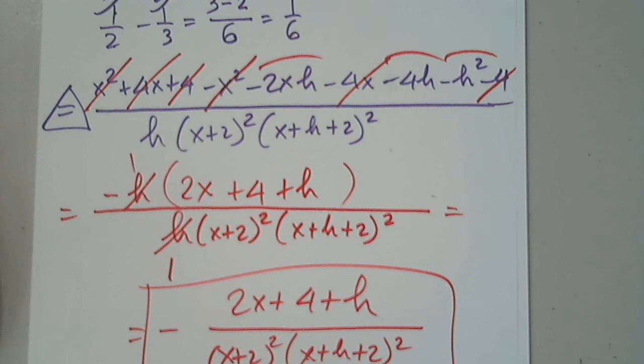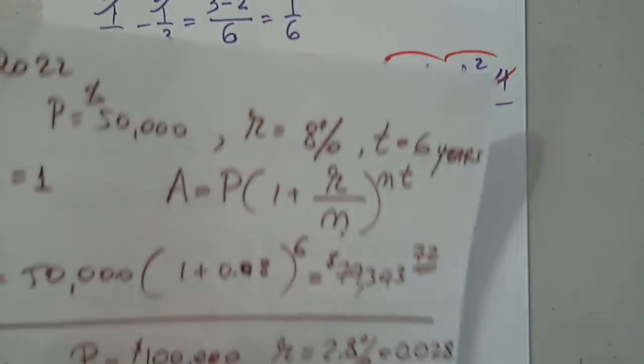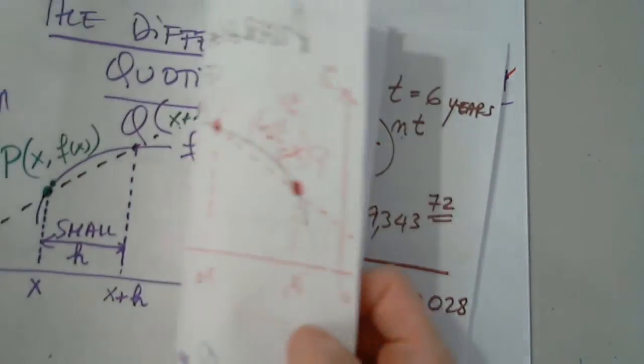Other questions for me? Anyone? Thank you. Other questions? This is not a question, it's just what I see. The end, it's always going to be ending at 2x plus h plus 4. That has nothing to do with anything.